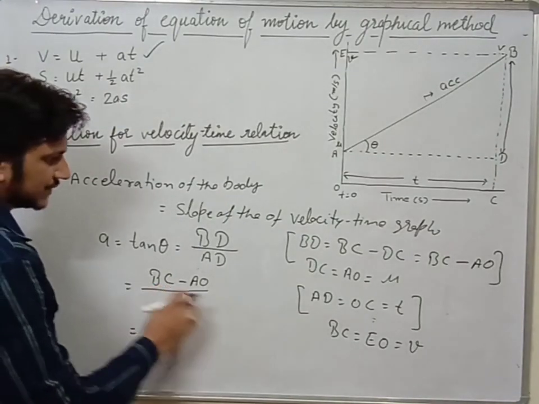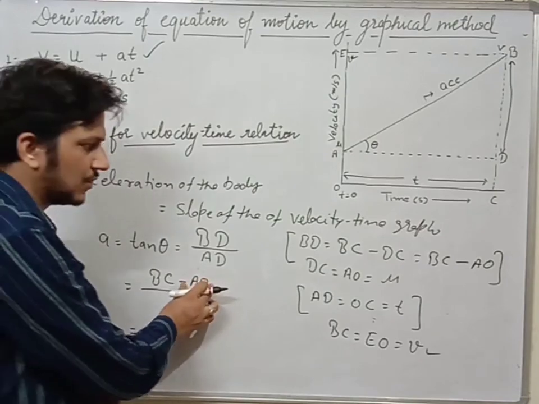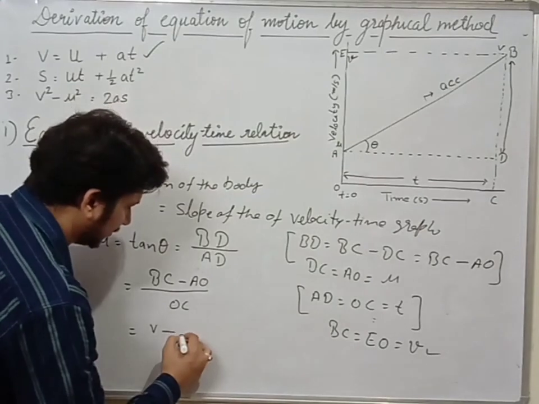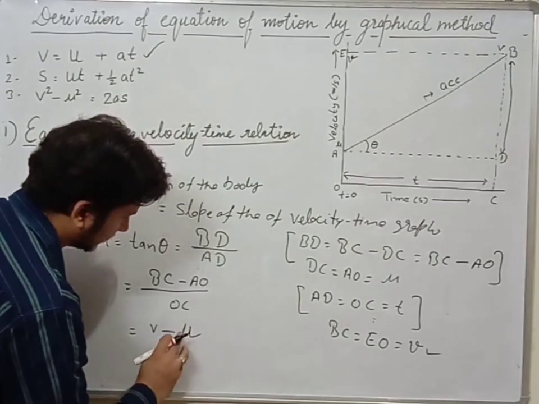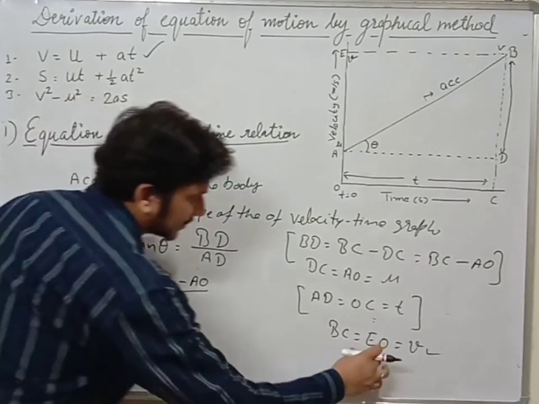So BC equals v, minus AO equals u, the small u, divided by OC equals time.